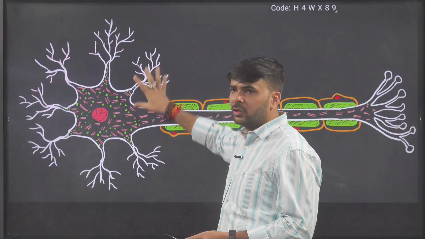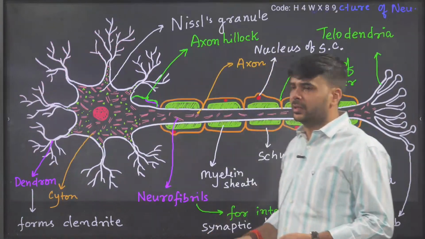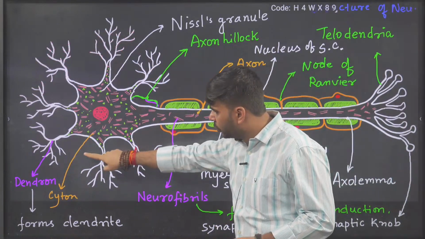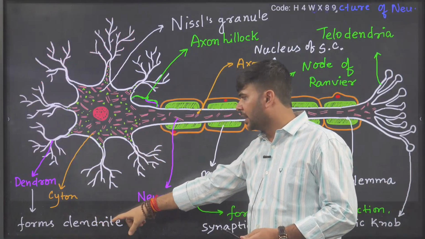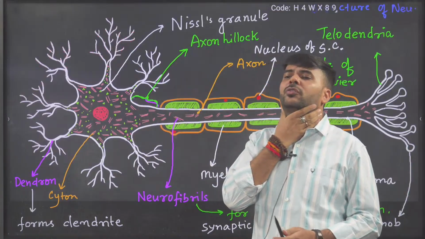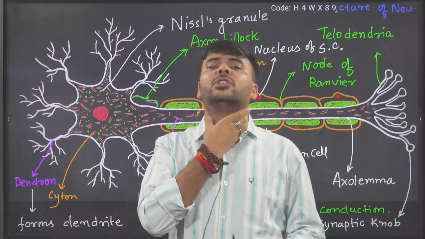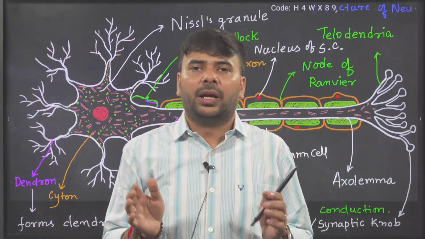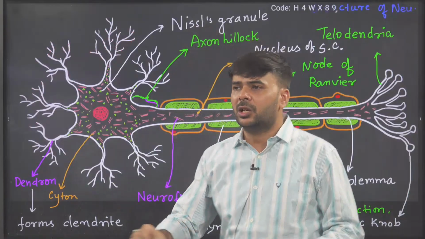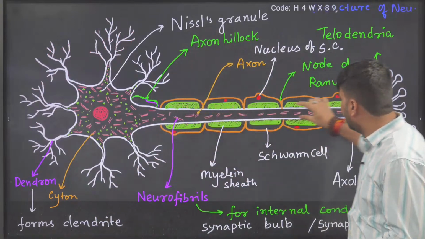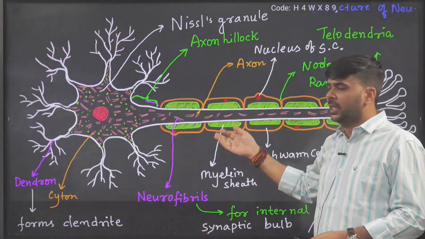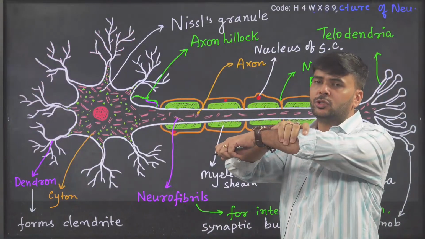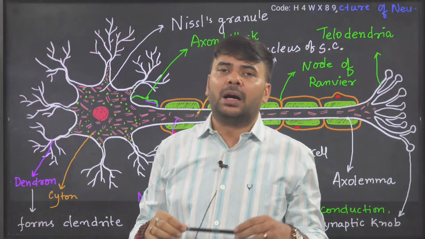The dendron. Dendron word means a small tree. The small branches these dendrons form are called dendrites. This neck part of the neuron is called axon hillock, and this long projection is called axon. Axon may be covered, may not be covered. If it is covered, tightly insulated, then it is called myelinated.